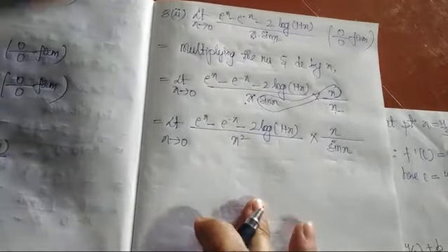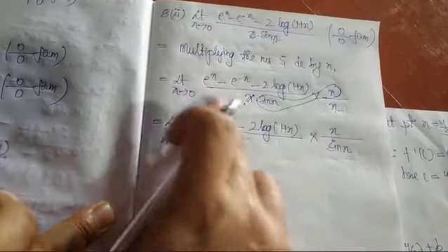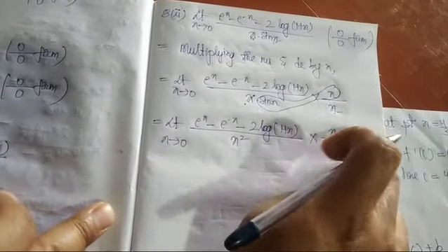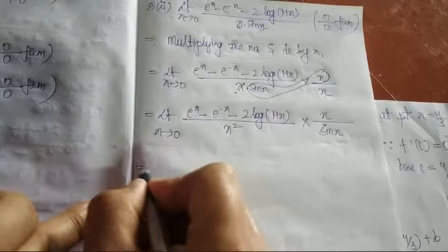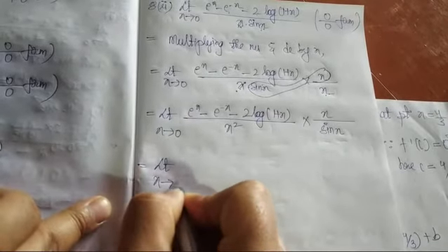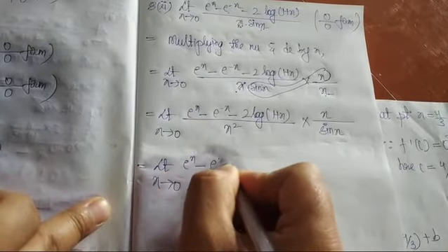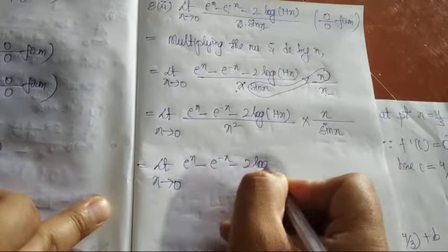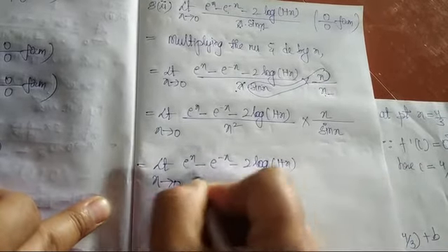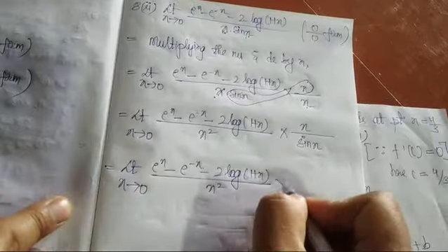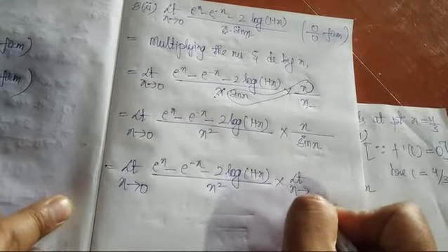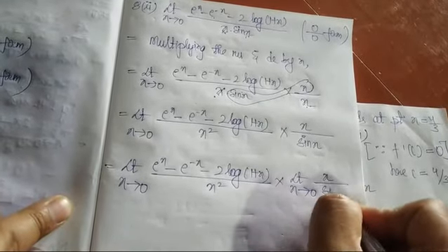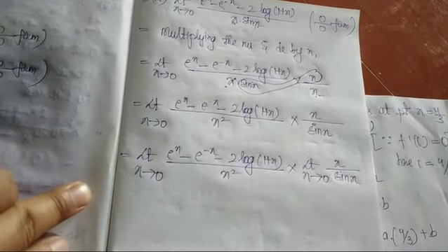So now I have separated this term. Whenever there's a limit, I can always put the limit for this term as well as this term. Therefore limit x tending to 0 of the first expression divided by x square, into limit x tending to 0 of x by sin x. I hope you're clear with this.